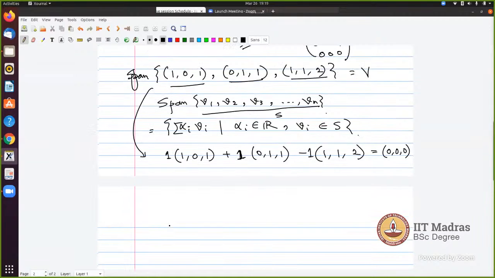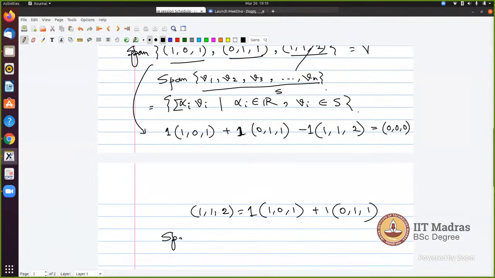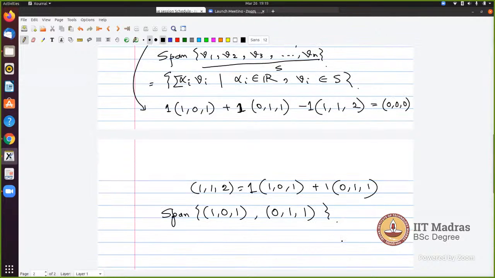Now, if we eliminate this 1, 1, 2 from this set, what does it mean? 1, 1, 2 can be written as some linear combination of these two vectors. So if we only consider this set, is it linearly independent?